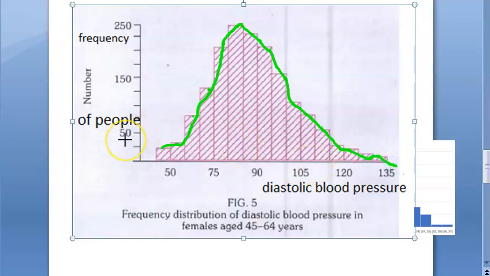This is the frequency polygon. Frequency distribution may also be represented diagrammatically as the frequency polygon. This is also a frequency distribution only. It is obtained by joining the midpoints of the histogram blocks. So easy. So if they ask frequency polygon, don't get scared. It's nothing but histogram. Just join the midpoints.